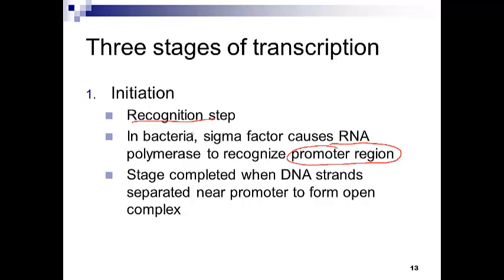I'll show you where that promoter region is in a second. This stage is completed once the area in and around the promoter is melted, exposing the templates and forming an open complex. That's the committed step. Once you reach that step, we have to copy the DNA.